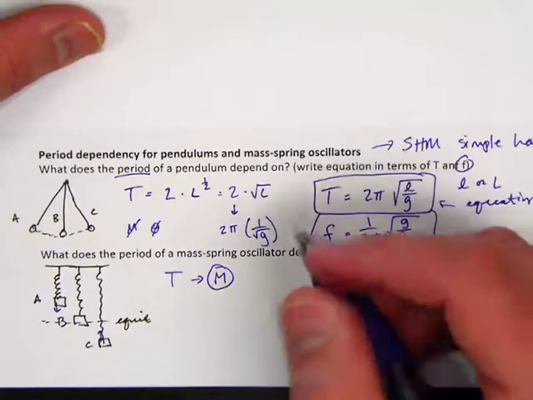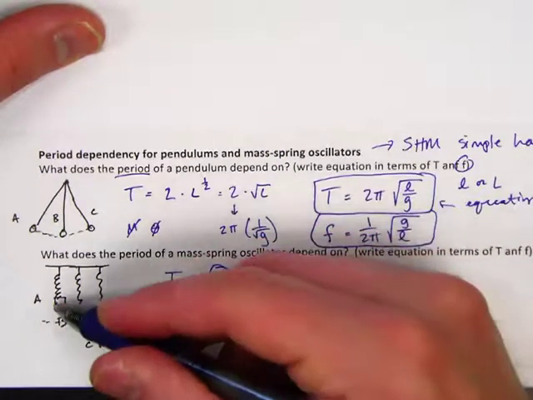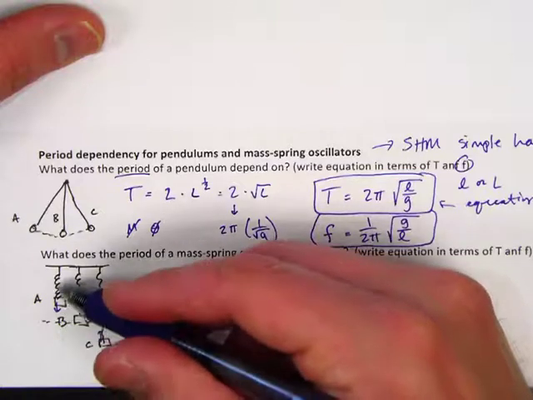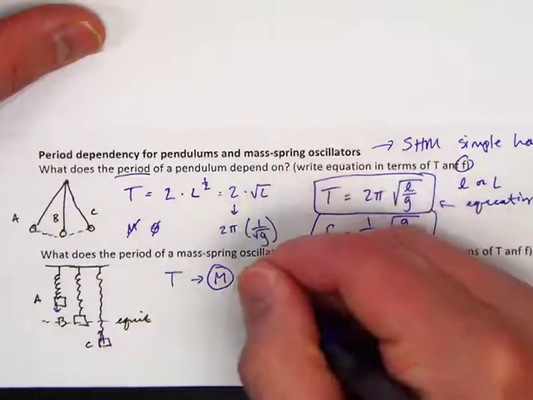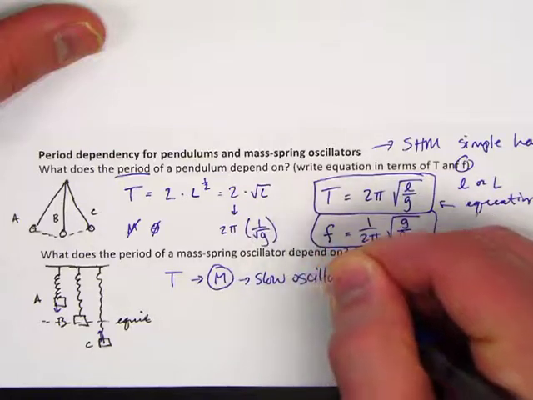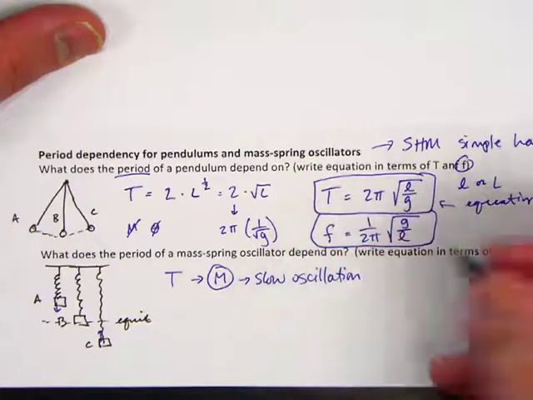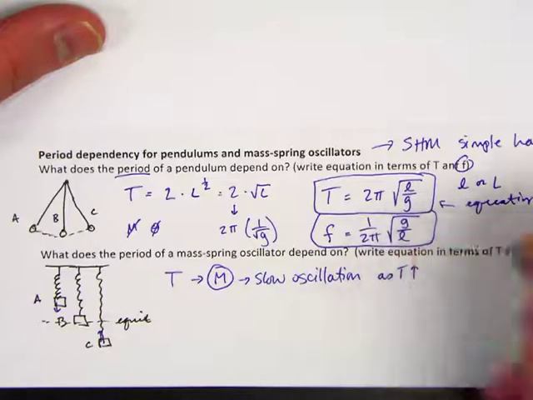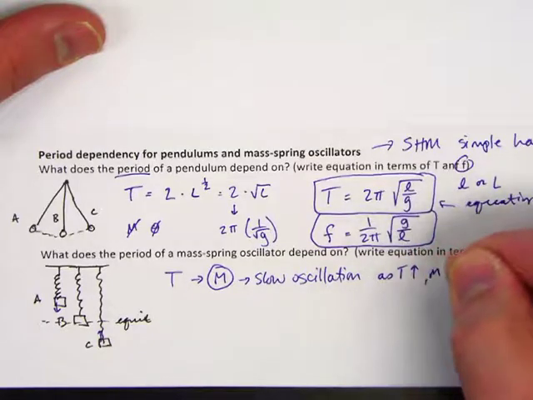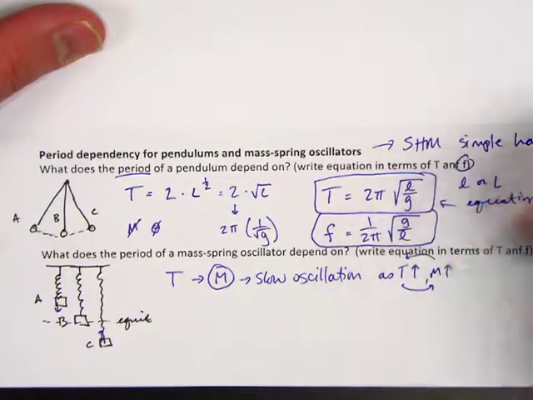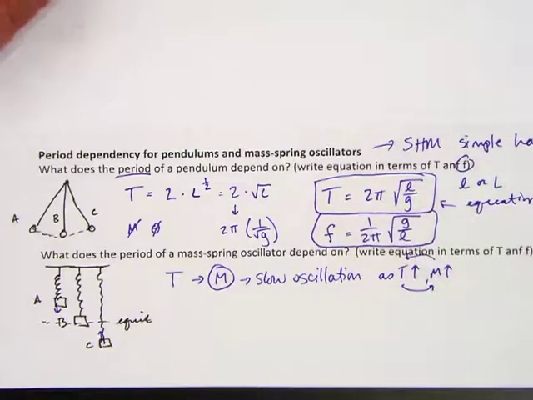When we increase the mass, there's more inertia, and as the spring system oscillates back and forth, this will tend to slow the oscillation. Therefore, as mass goes up, period goes up. I should probably flip these. The direct relationship there. Well, what else impacts it?